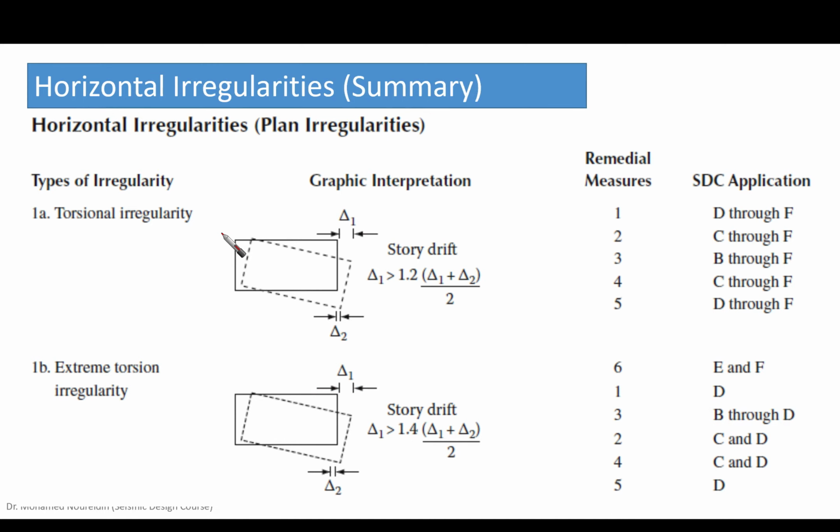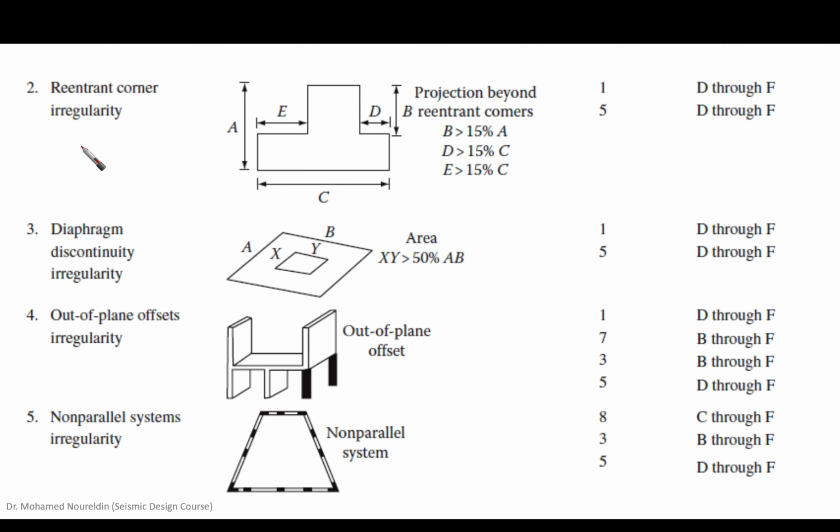Let's summarize them. We already talked about number 1, effective torsional irregularity. Number 2, re-entrant corner. Diaphragm discontinuity, which is 50% of cut out or open area from the diaphragm, or a difference in the stiffness of the diaphragm from one story to another.